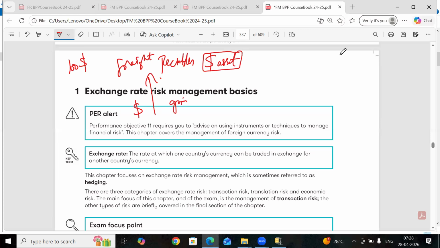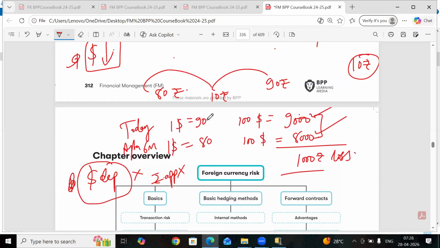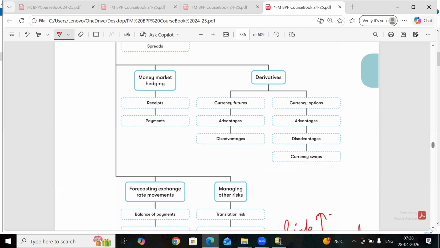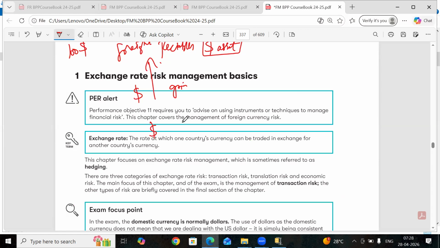How? If $1 was 90 and $1 has gone to 80, there was a loss. Dollar should appreciate, gain. If the dollar depreciates, loss. Because this is a foreign asset for you. Foreign asset value decreases, loss.